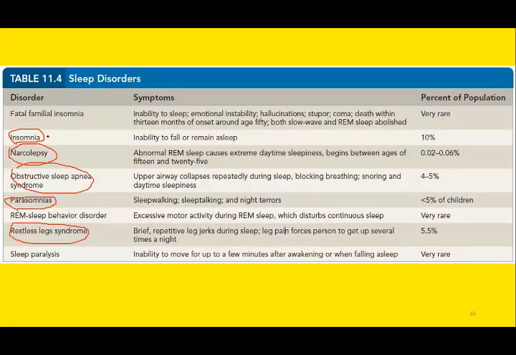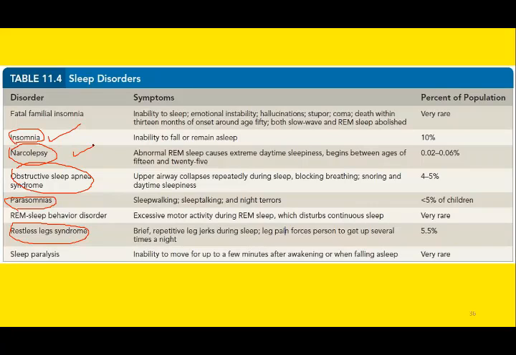So what is insomnia? In simple words, insomnia is inability to sleep, inability to remain asleep, inability to fall asleep. This is known as insomnia. And the opposite of insomnia is narcolepsy. Narcolepsy is excessive daytime sleeping. Narcolepsy is excessive, abnormal daytime sleeping.